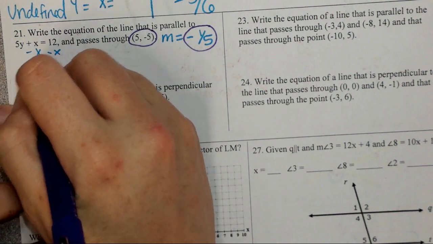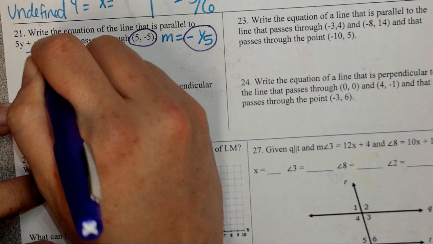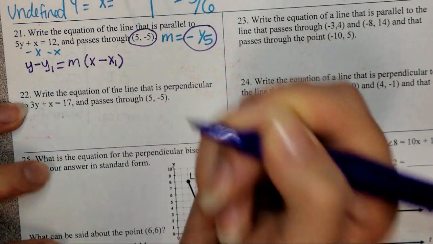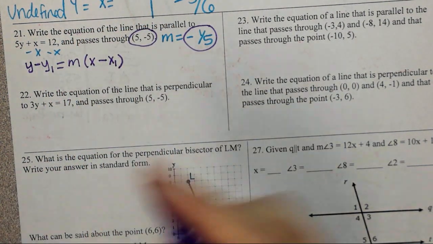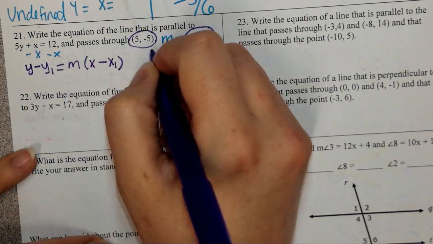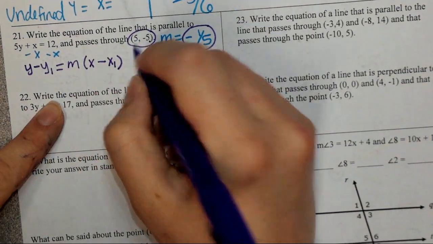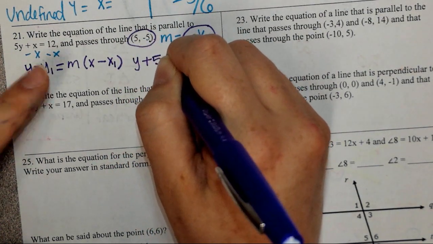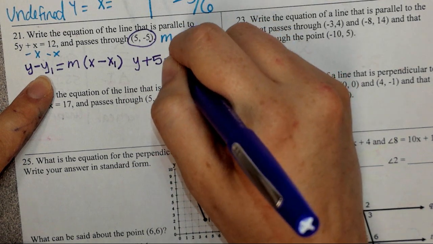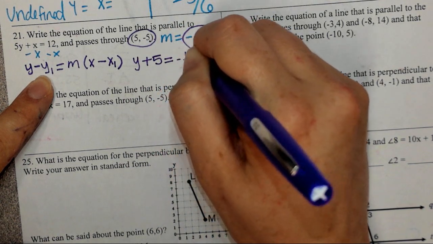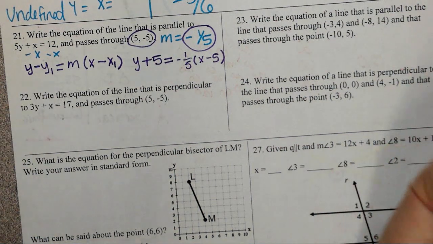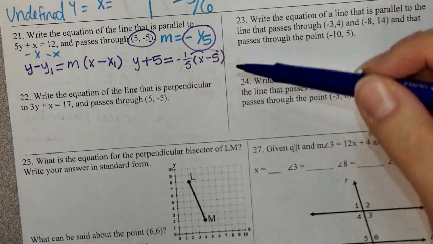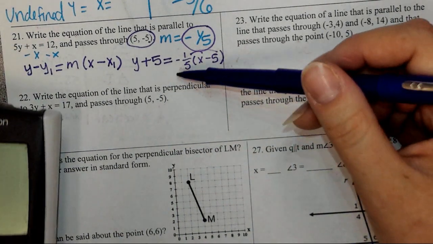Okay, so personally, I like to use point slope form and then convert that into y equals form. So that means that we're going to do y minus y1. Our y1 is negative 5, so that becomes y plus 5, since we're subtracting here, is equal to negative 1/5 times x minus 5. Okay? So the reason I like this method is because you can get your y equals in 2 steps.